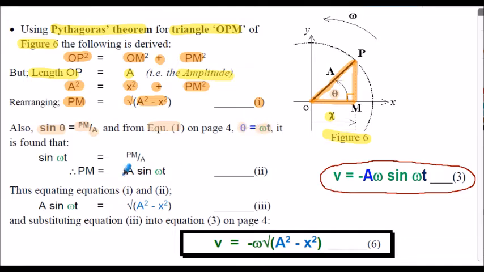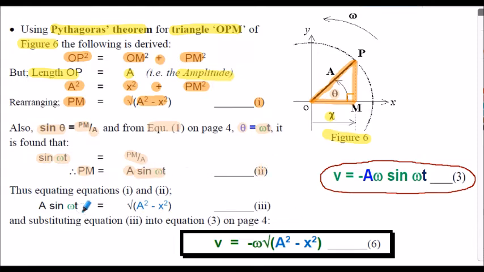So we could replace the theta in our equation here with omega t. So now we have the sine of omega t is equal to PM divided by A. Again, rearranging the equation, PM is equal to A multiplied by the sine of omega t. Call that equation 2 in Roman numerals.